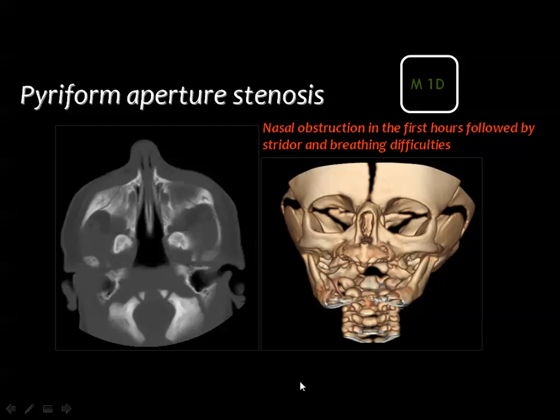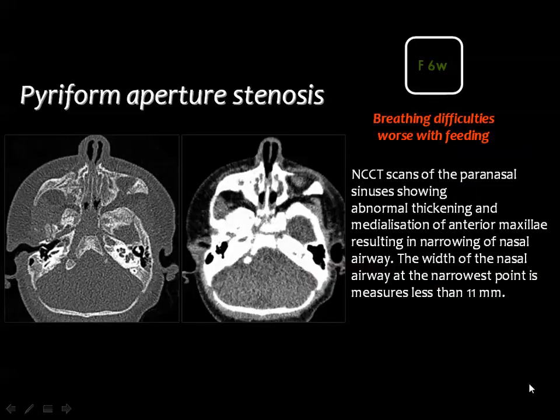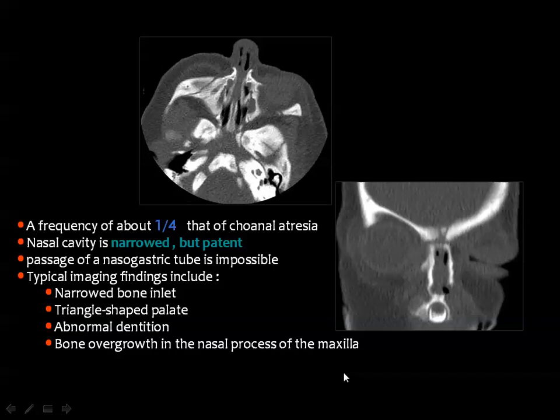Then you may use the facility of multi-detector CT with 3D imaging reconstruction to nicely demonstrate the nasal aperture, and you can have the measurements, and you can also assess the thickness of the nasal processes of the maxilla as well. Then this is an example where you see severe stenosis of the nasal aperture and the medial bowing of the nasal processes of the maxilla.